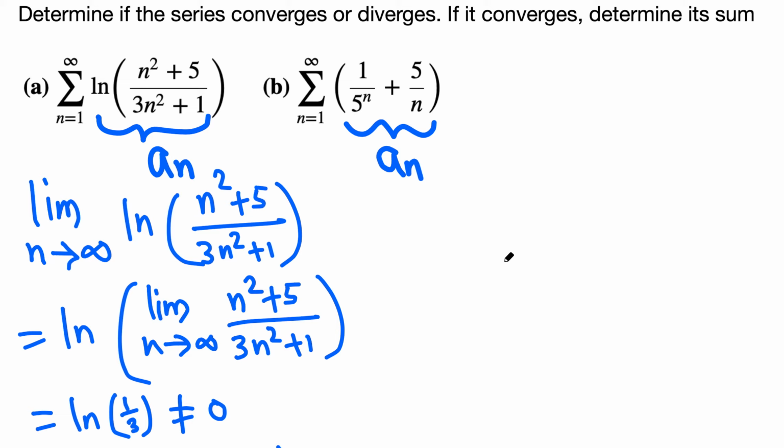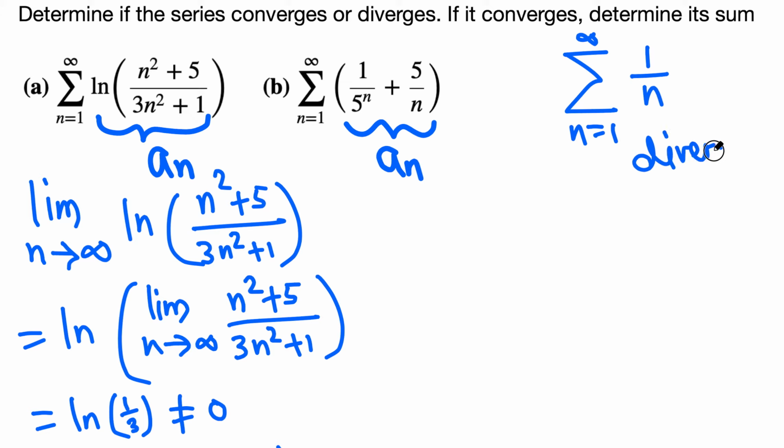So pretty much we have two series here, and we know that the series 1 over n from any number to infinity is the harmonic series, and this series diverges. Okay, this is the most famous series. If we have any constant, we can simply pull it outside.